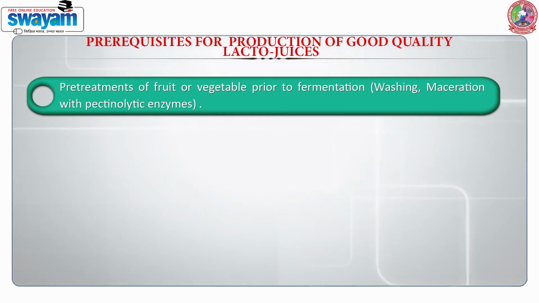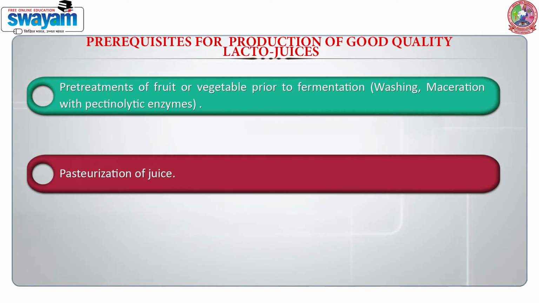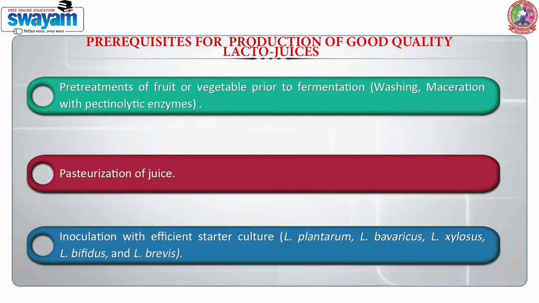These pre-treatments primarily are washing, maceration with pectinolytic enzymes, and then pasteurization of the juices. Then comes inoculation with an efficient starter culture, which consists of Lactobacillus plantarum, Lactobacillus bevericus, Lactobacillus xylosus, Lactobacillus bifidus and Lactobacillus brevis.